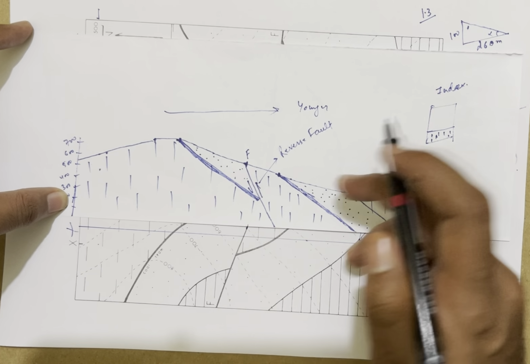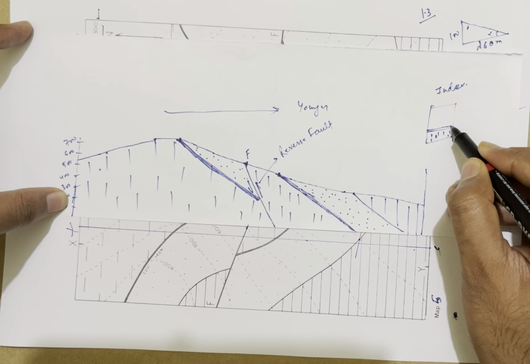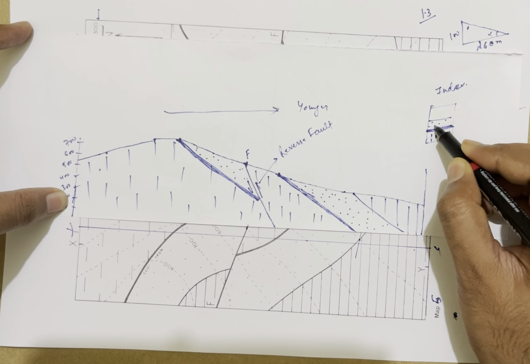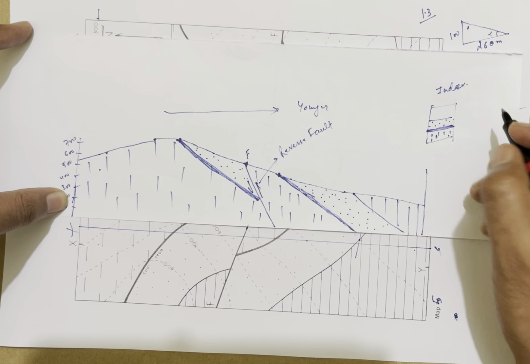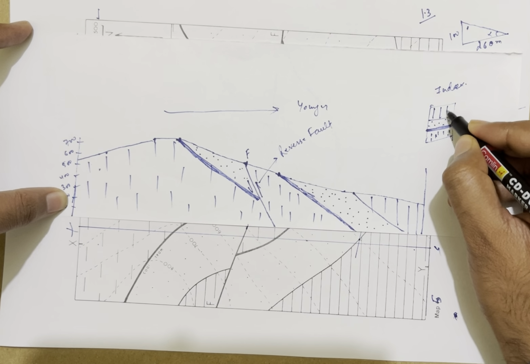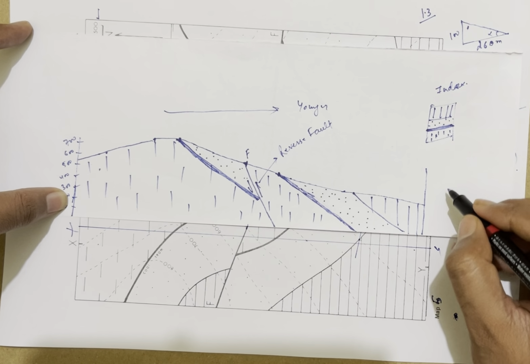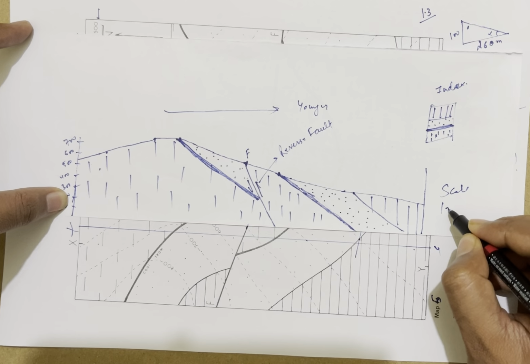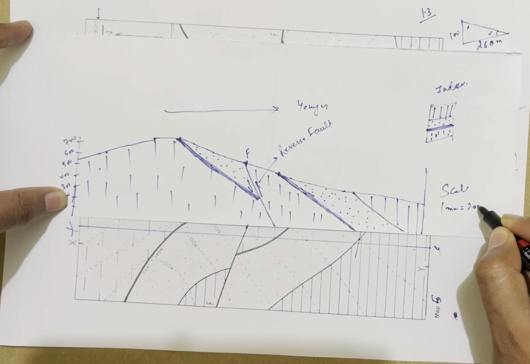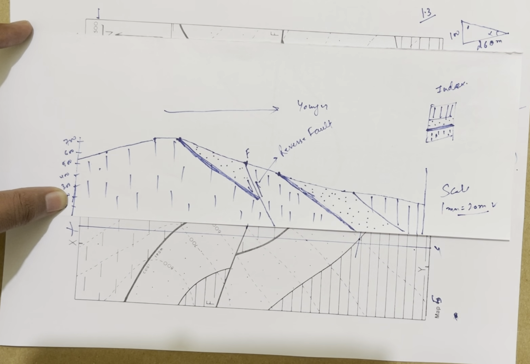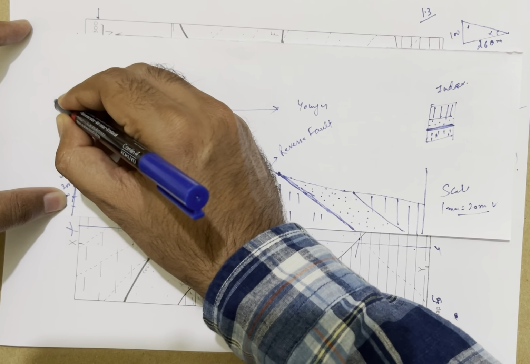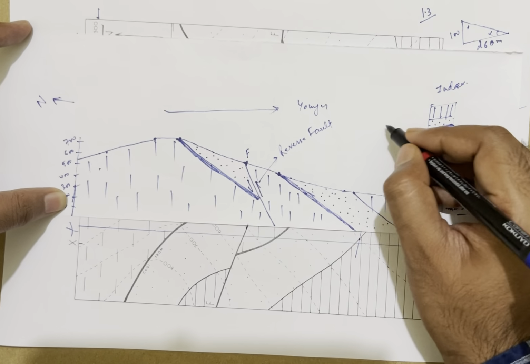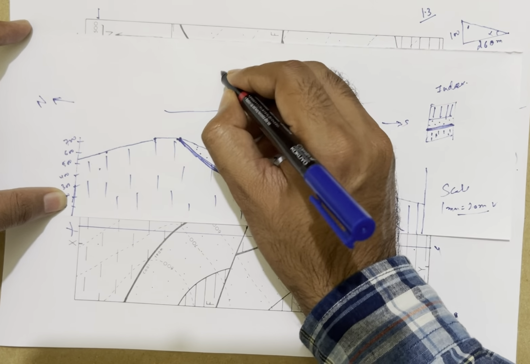Over that we are getting this sandstone, this coal seam, and then sandstone, and over that sandstone we are getting this. This is our index. The scale is 1 millimeter equal to 20 meters, and this side is our north, this side is our south.